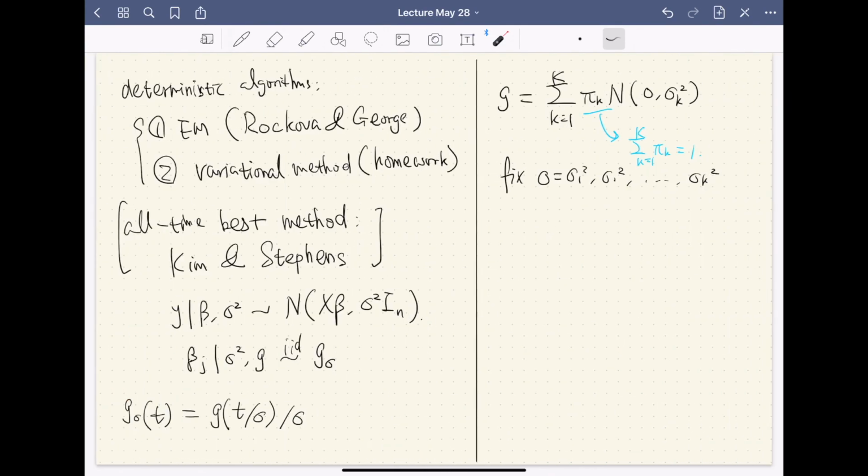So in the end, by choosing the pi's from data, this method automatically learns the best penalty function from the data. That explains its great performance in practice.